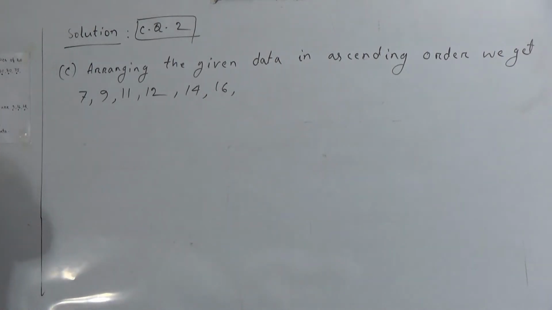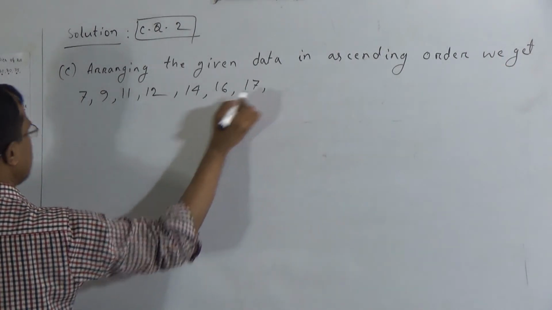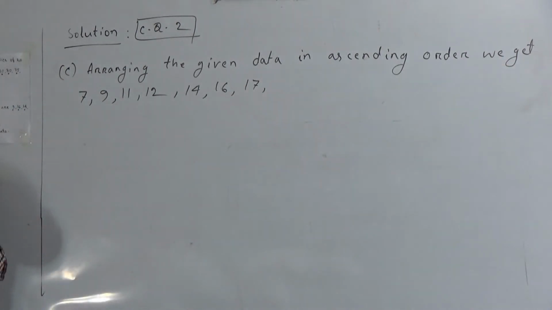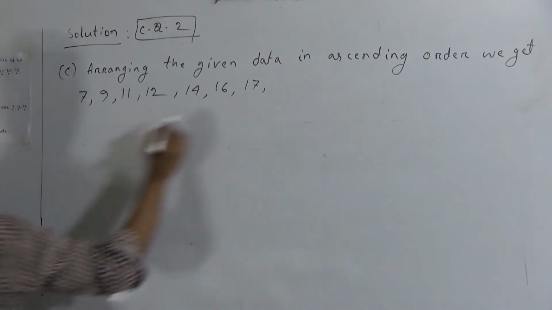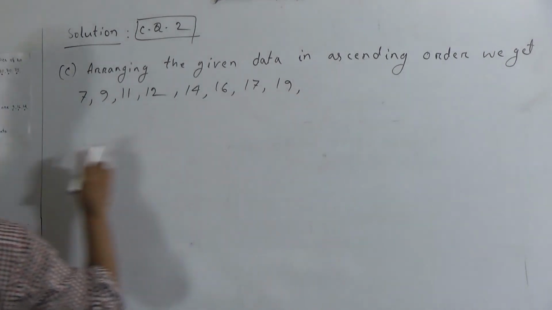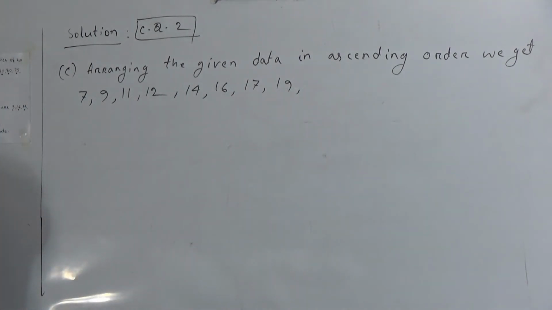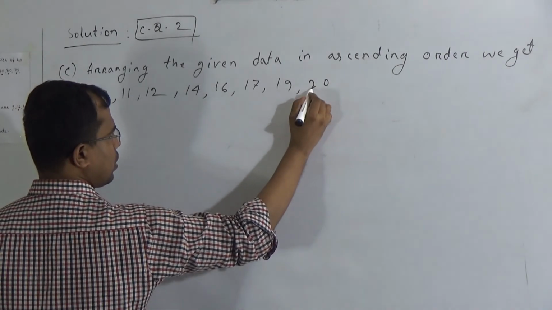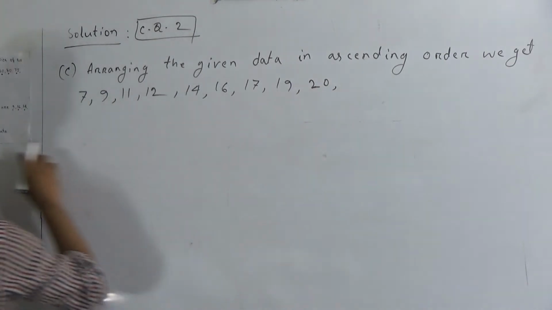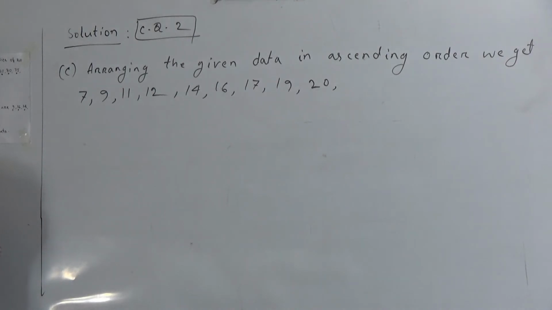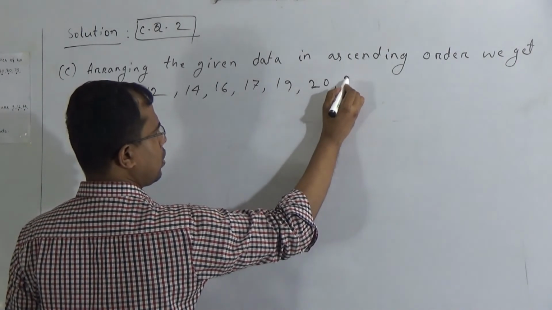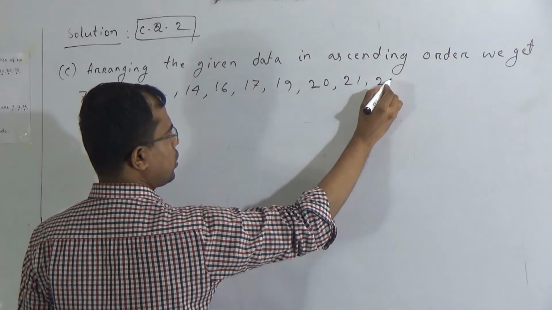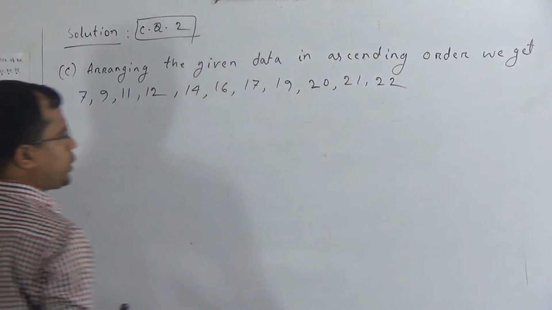Then we will write 17. After 17 we will write now 19. Then 20. Then 21 and 22.